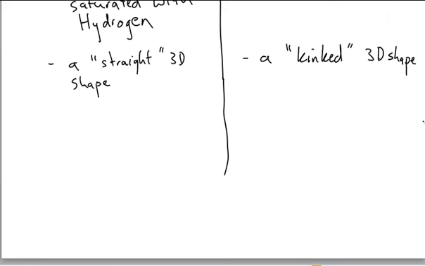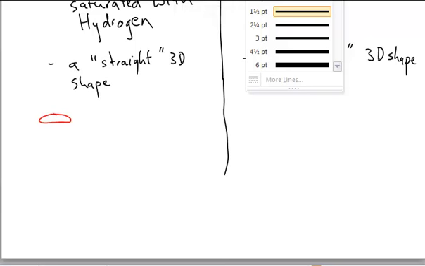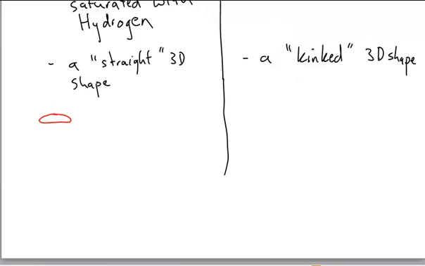So if we're to simply represent the fat or oil by representing the glycerol backbone in red, and then the fatty acid chains in black, in this case we'd have 1, 2, 3 nice and straight chains.